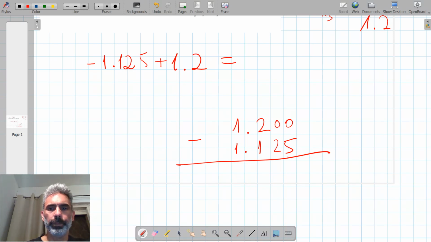So 2 becomes 1, and 0 becomes 10, and then the 10 becomes 9, and this 0 becomes 10. So 10 minus 5 is 5, 9 minus 2 is 7, 1 minus 1 is 0, decimal point, 1 minus 1 is 0.